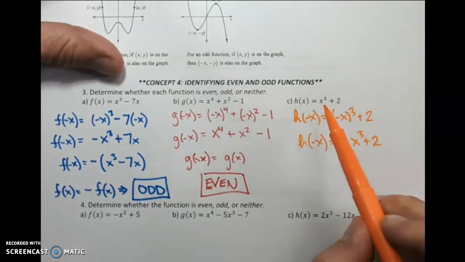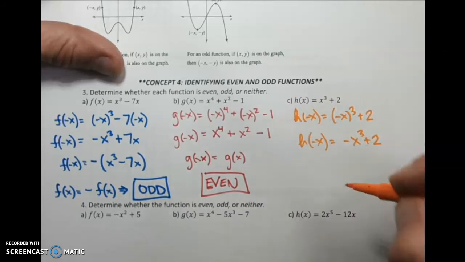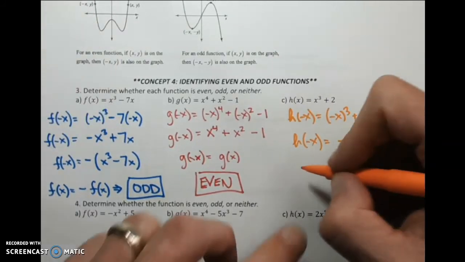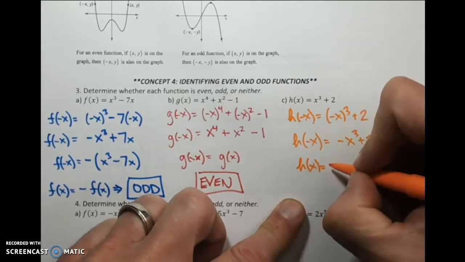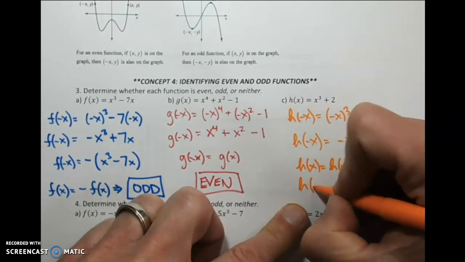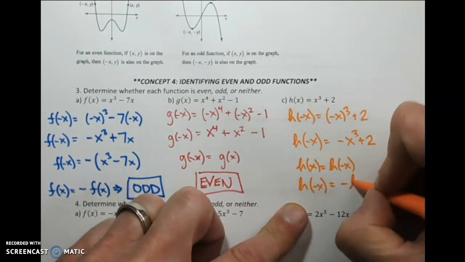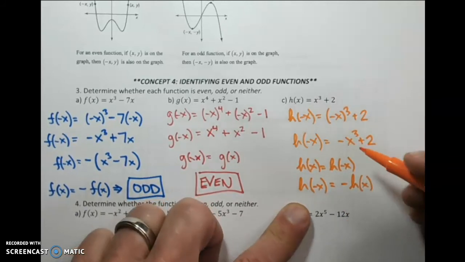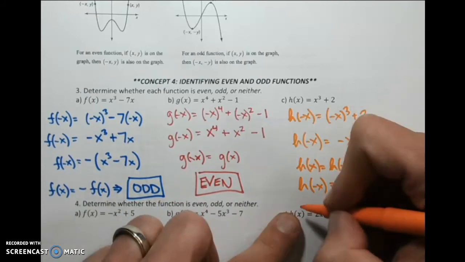Well, on this one one sign changed and the other sign didn't. So it's not equal to either of these. H of x is not equal to h of the opposite of x, and h of the opposite of x is not equal to the opposite of h of x. It's not even, it's not odd, it is neither.